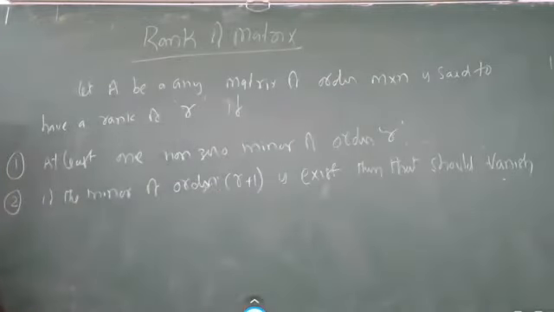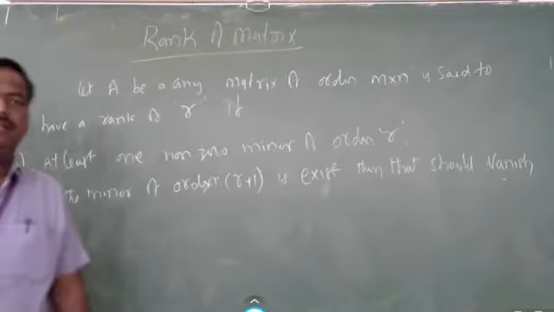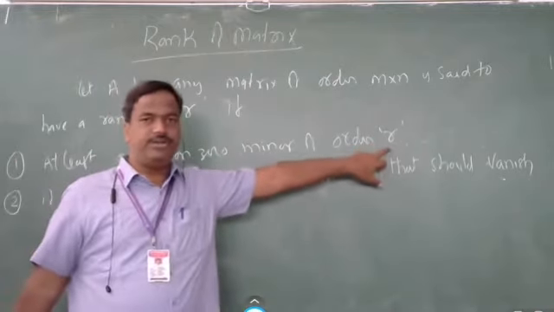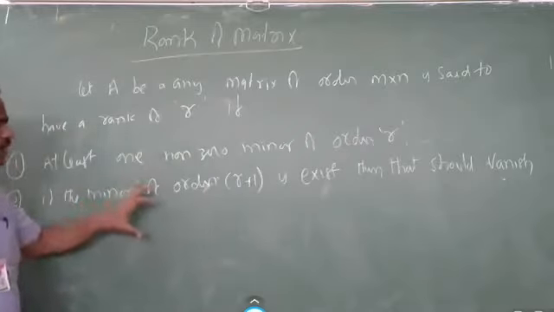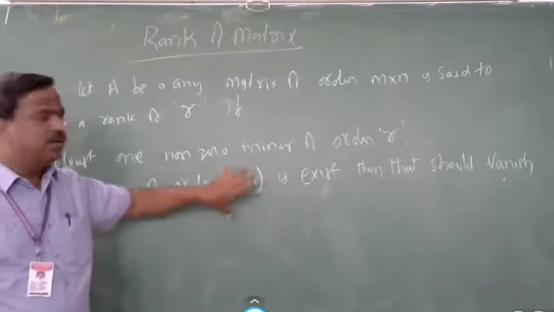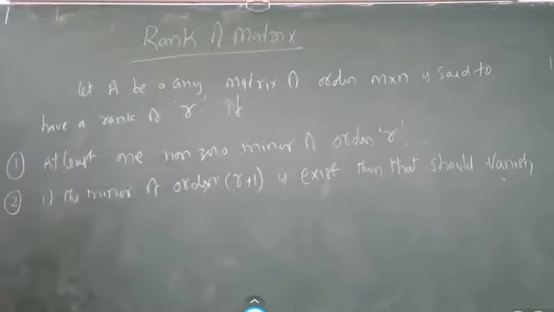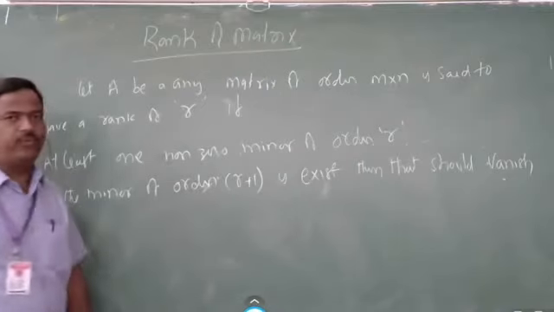So whenever you want to find the rank of a matrix, you first need to find a non-zero minor. A minor is a determinant of a square submatrix. Suppose that minor of order R is non-zero; if minors of order R plus 1 exist, then definitely they should vanish.